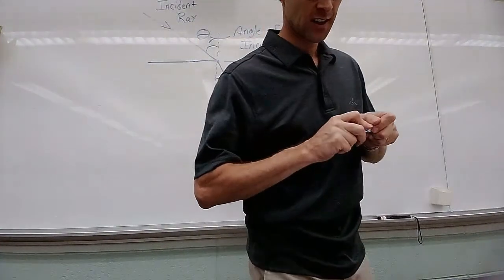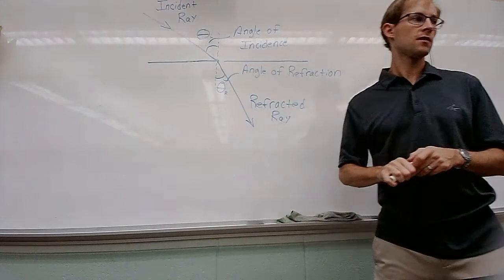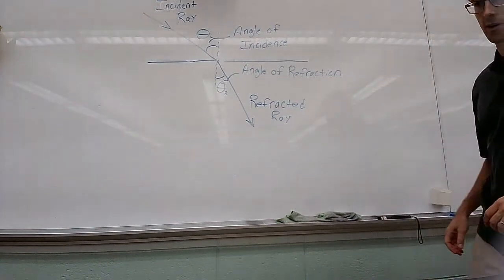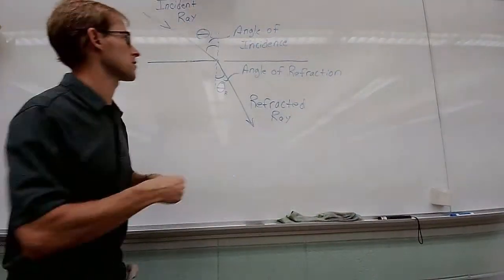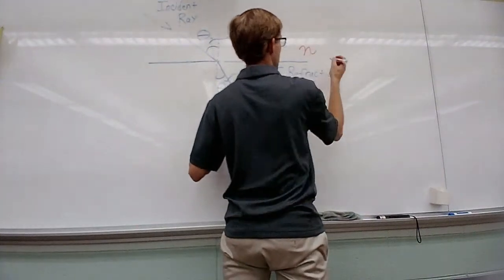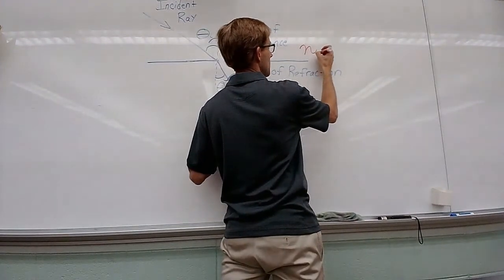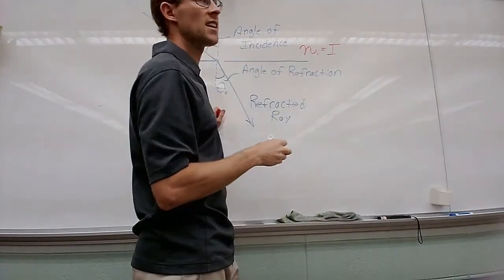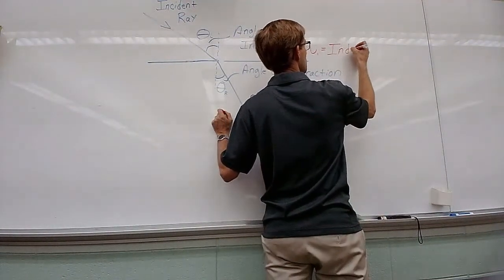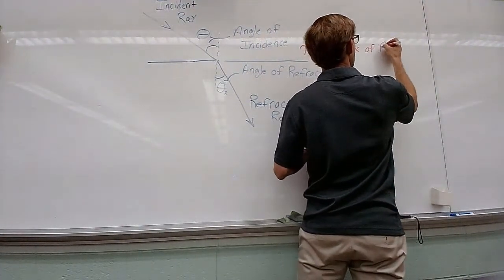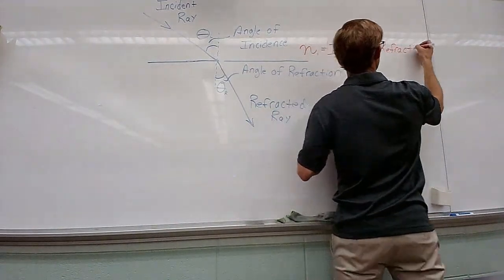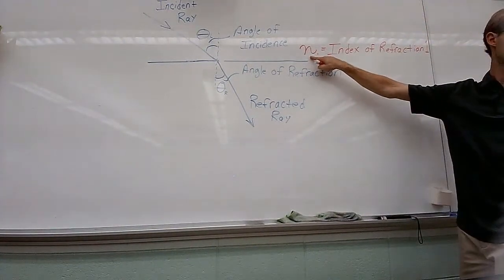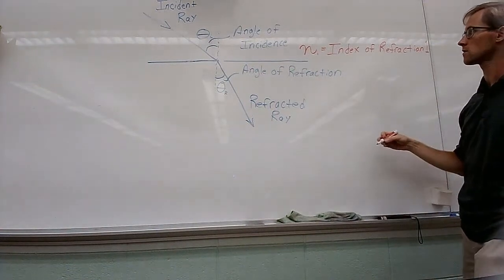Cool. The other thing that we have to take note of is the different substances that the light is traveling through. And so we have two little Greek letters we use for those. It looks like an N. It's not an N, but if you want to call it that, that's fine. We call these an index of refraction. That'll be index of refraction 1, because we're in the first medium, the one where the light begins.